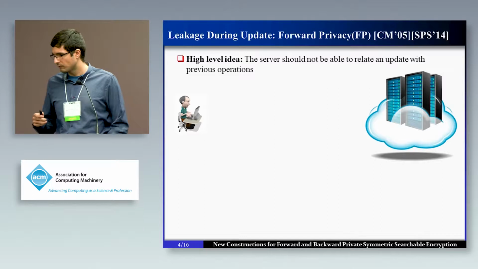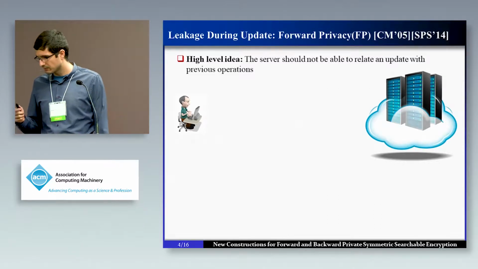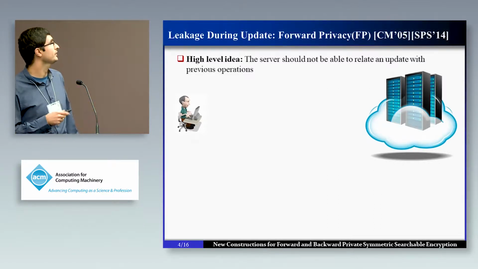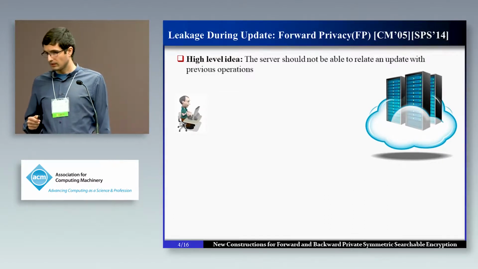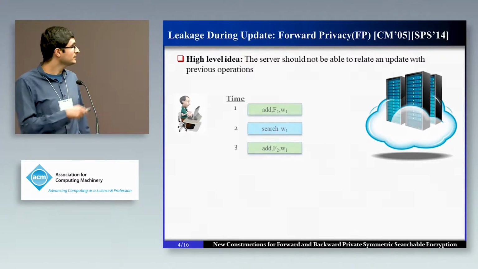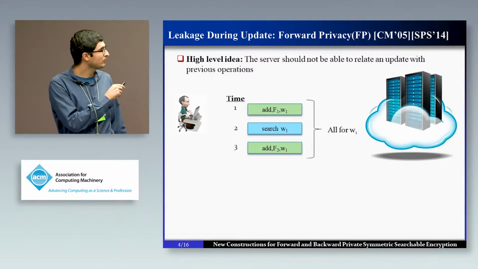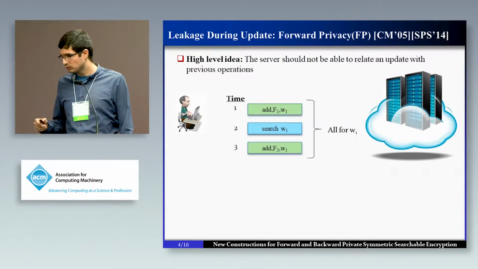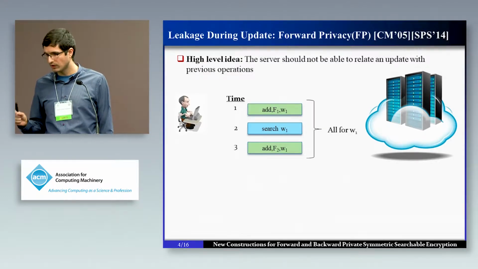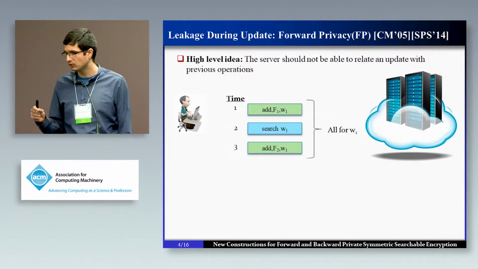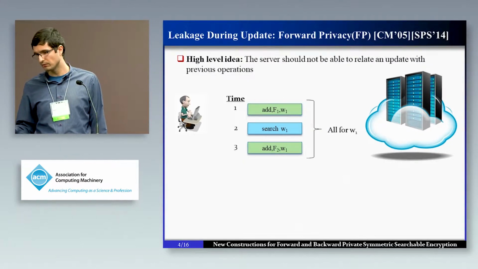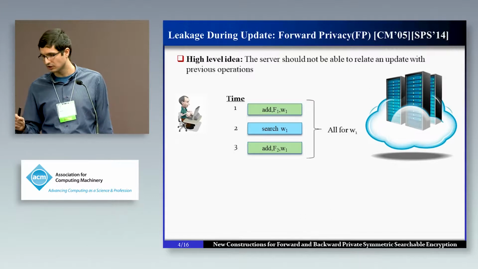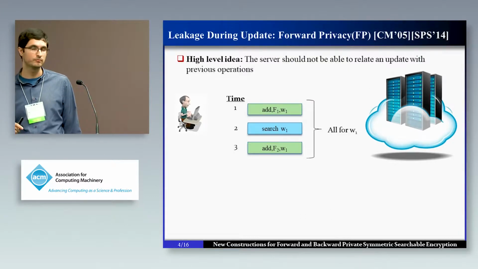The high-level idea of preventing leakage during updates is that the server should not learn anything related to an update with previous operations. Let me give you an example. Consider the sequence of operations for keyword W1. First, the user adds keyword W1 to file F1, then searches for keyword W1, and finally he adds keyword W1 to file F2.